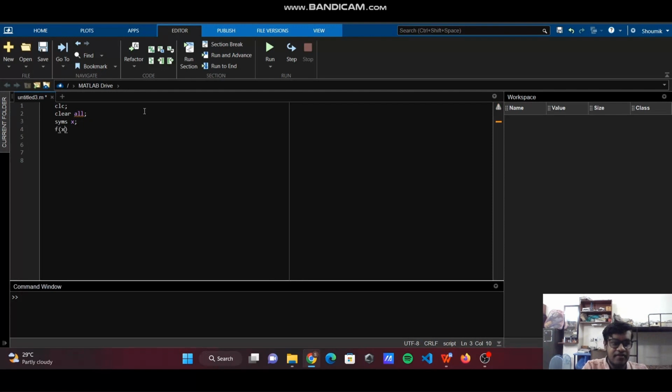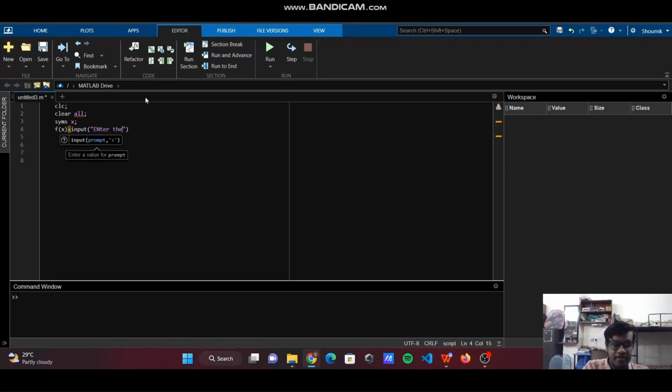Now, let's define a function f of x equal to input. This input is used to give the program any input. Basically, we want to define f of x as any input. Like first we'll take x cube, but let us now put this input, and inside the string of the input we can write whatever we want to.